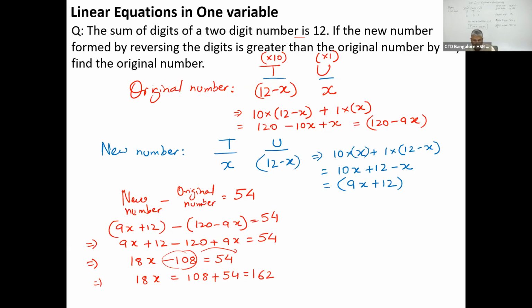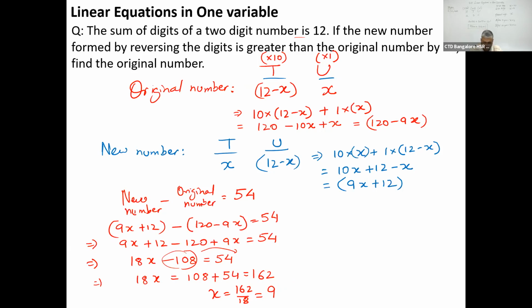All right. So now it's very easy. x equals 162 by 18, which is how many times? 9 times. 18 nines are 162. So we got x equal to 9.